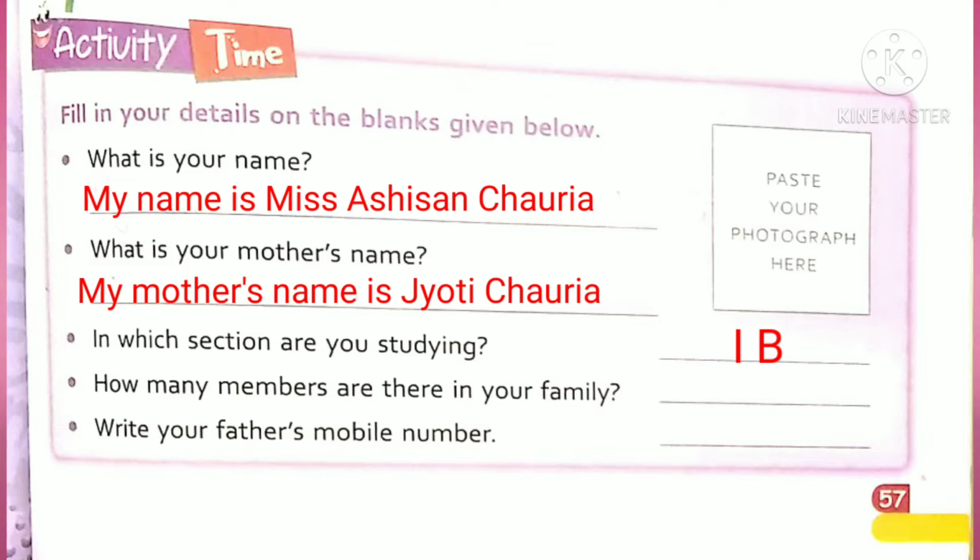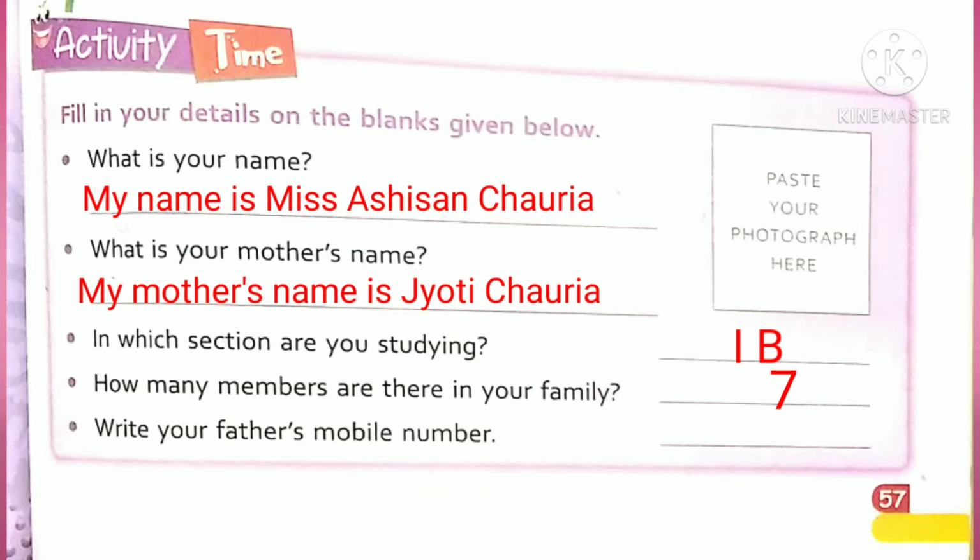We are going to write about our family members. In my family, we are 7 members. So I have to write 7 members there, and you have to write how many family members there are in your family.